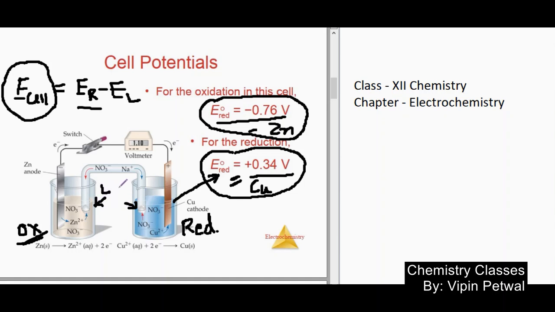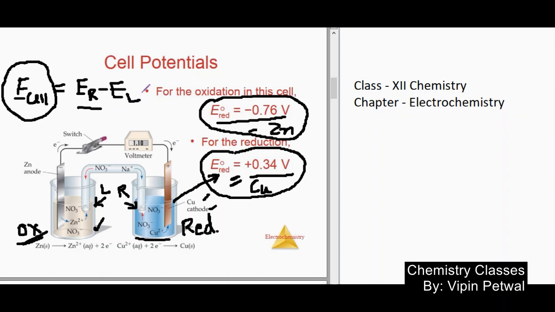This is left and this is right. So the potential of this right half cell is 0.34 and the potential of this left half cell is 0.76. The left half cell has zinc as an anode and the right half cell has copper as a cathode. Okay, so in this way we have to measure the cell potential.